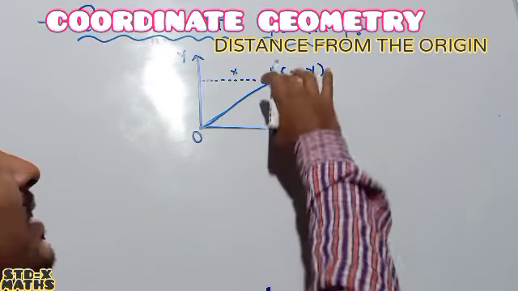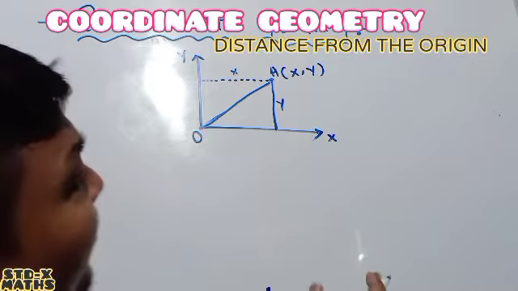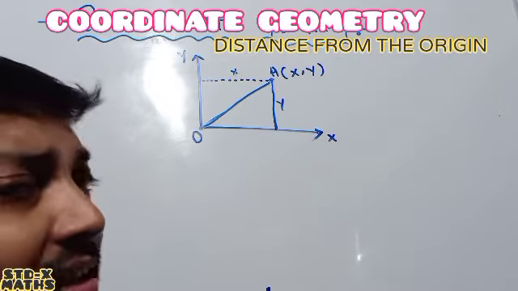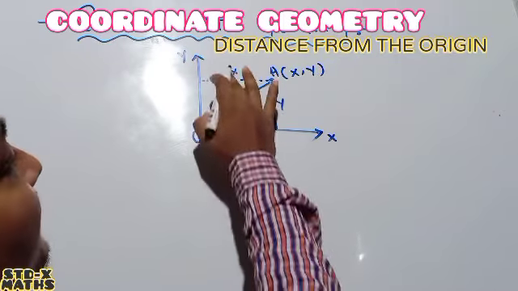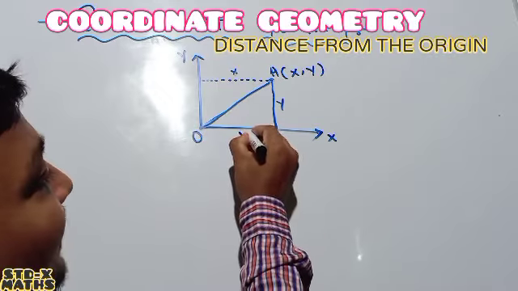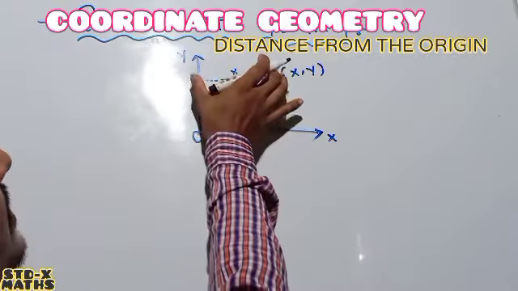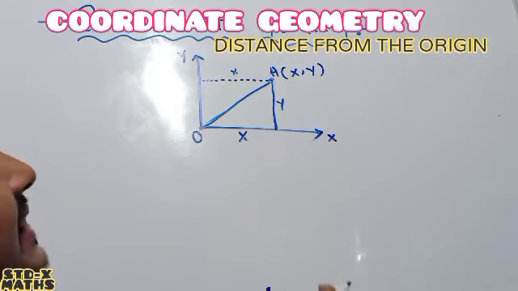So this distance is x, and this distance is y.